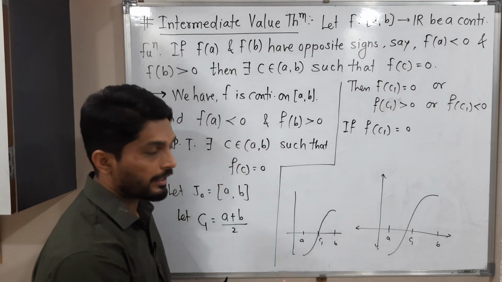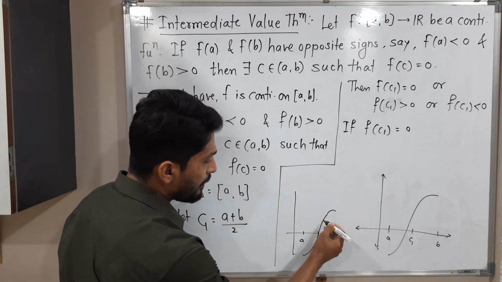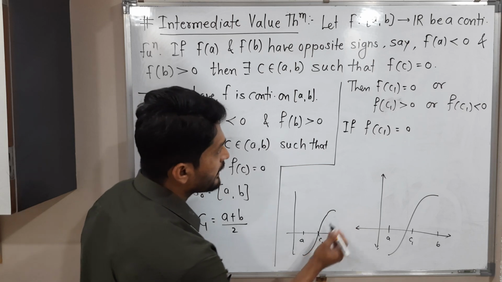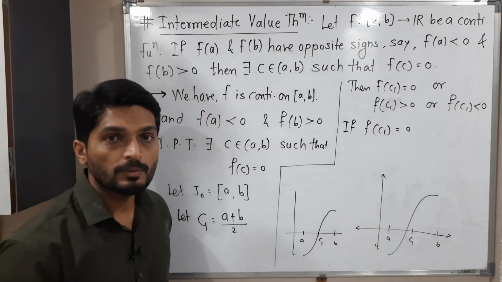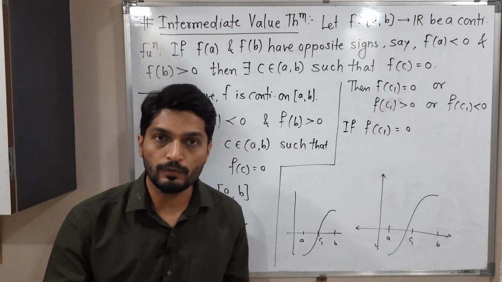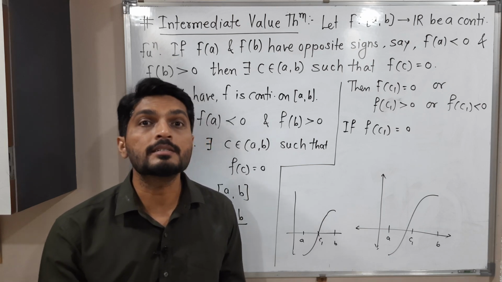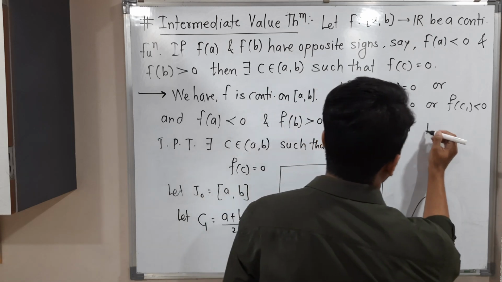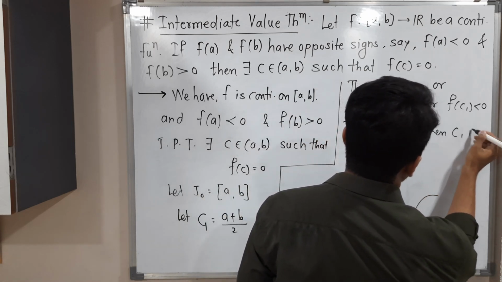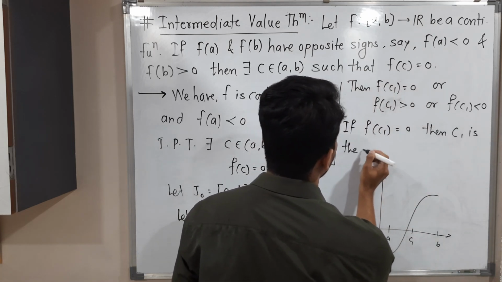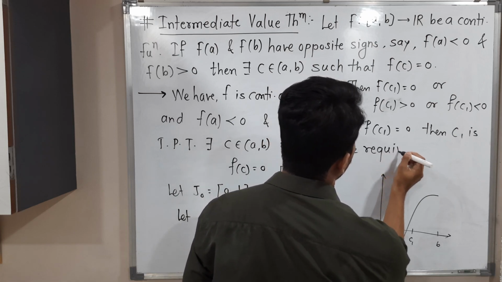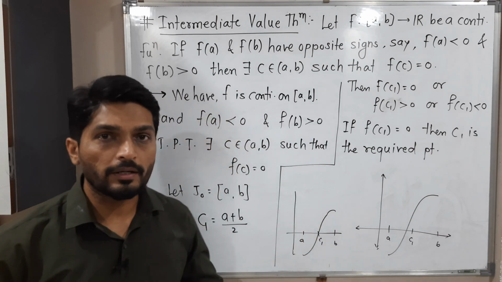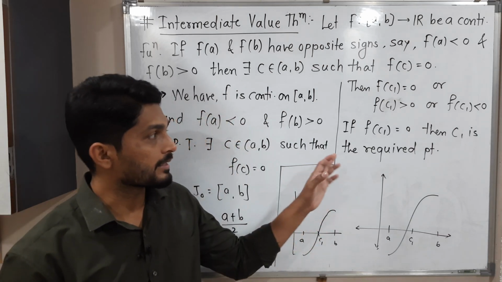C1 is the midpoint of A and B. If this curve passes exactly through point C1, then you will have f of C1 equal to 0. And actually we are in search of such a point, no? So C1 is the required point in this case. So we got our required point, and the proof will be over if this case happens.